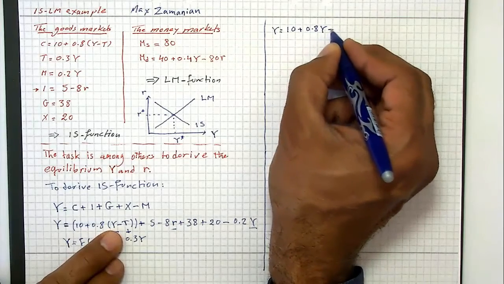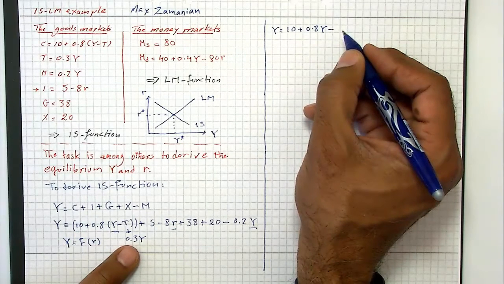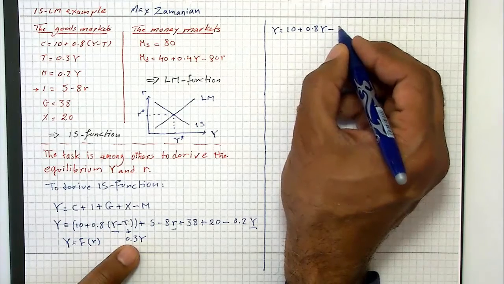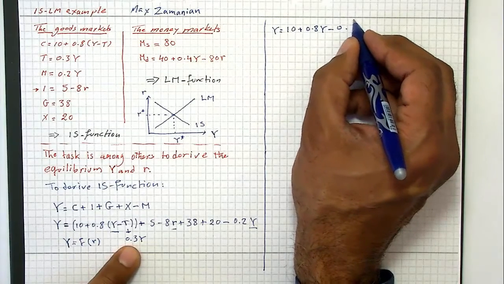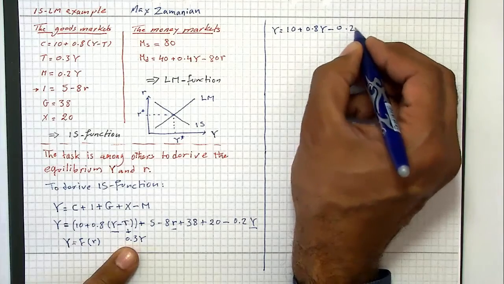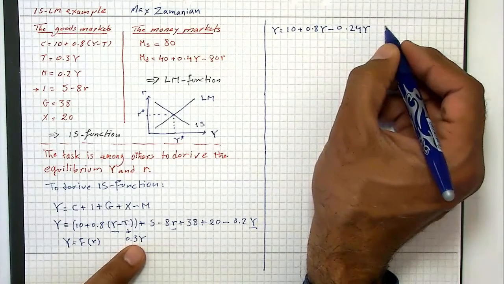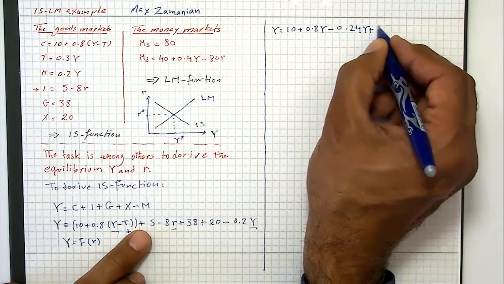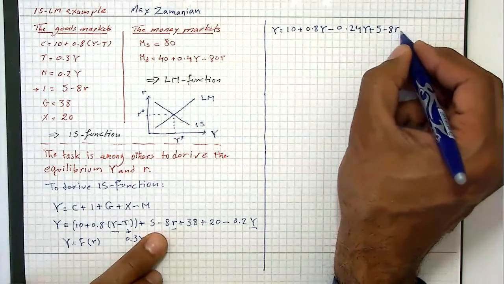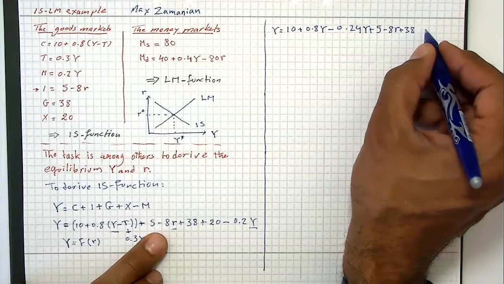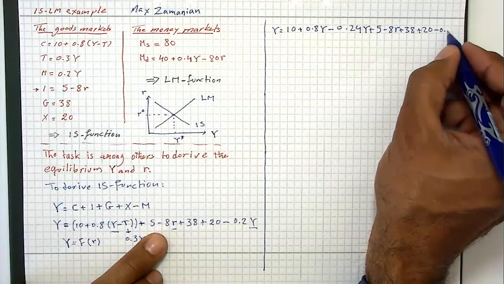Then I have minus 0.8 times 0.3, it's 0.24, y, and then I have 5 minus 8r plus 38 plus 20 and minus 0.2y.